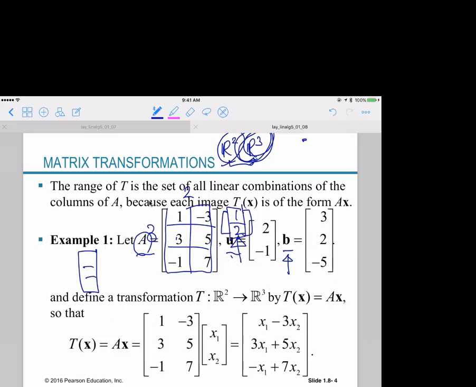So our codomain is R3, right? And then what about the range? The range is a subset of R3, but that range is the linear combination, the span of these two column vectors in A, right? So that's what we learned in the previous slide.